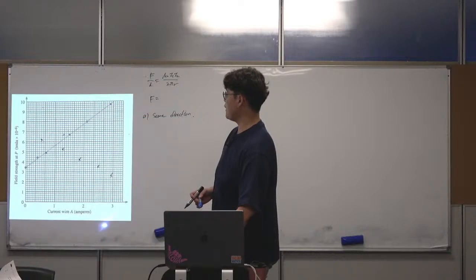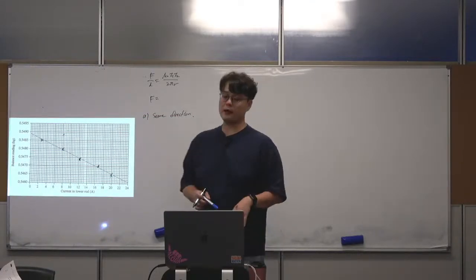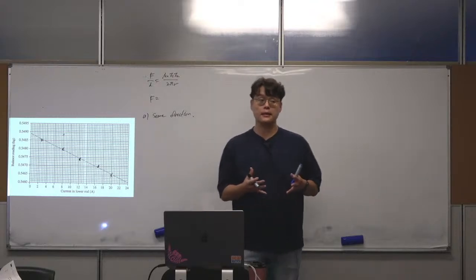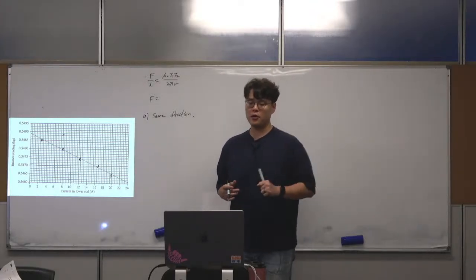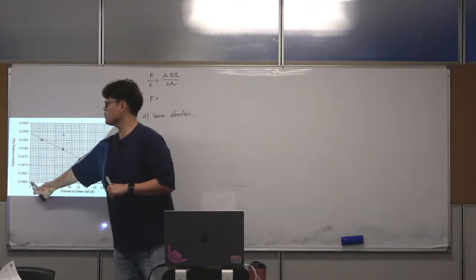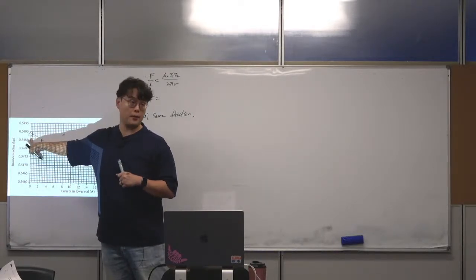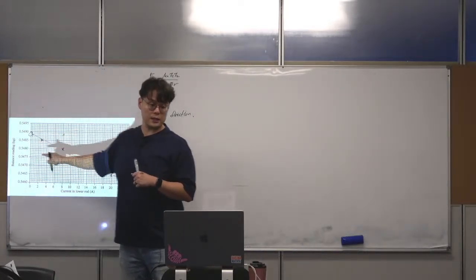When do you think we are able to find the exact mass of the copper rod? Oh, yeah, there we go. When amps is 0, then you get the exact mass of that. So the mass of the copper rod is your y-intercept.